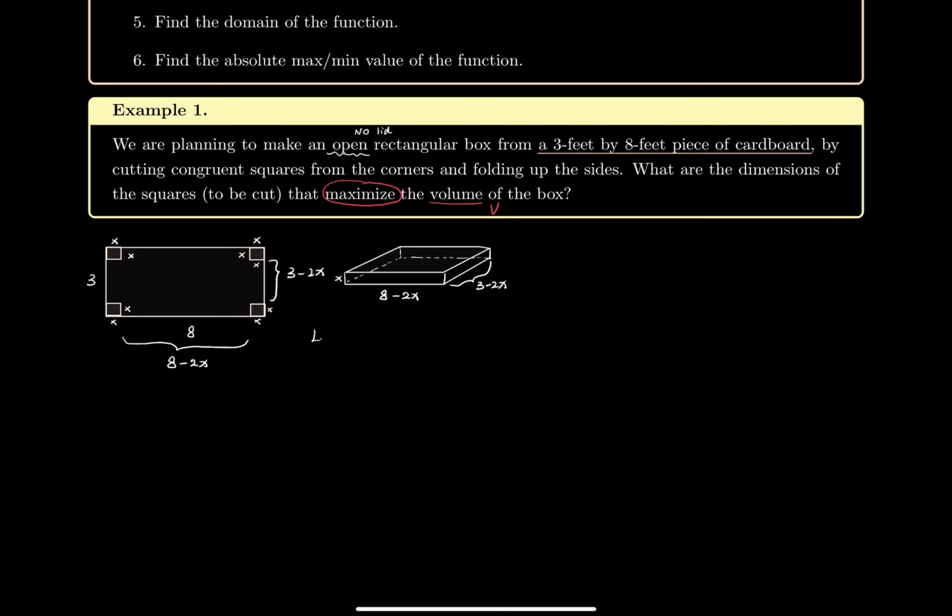Let x be the side length of the squares to be cut. And the other variable I used is volume, so let V be the volume of the box.